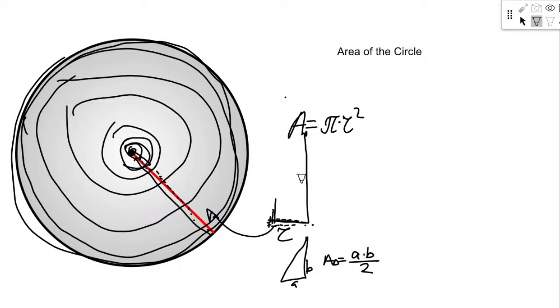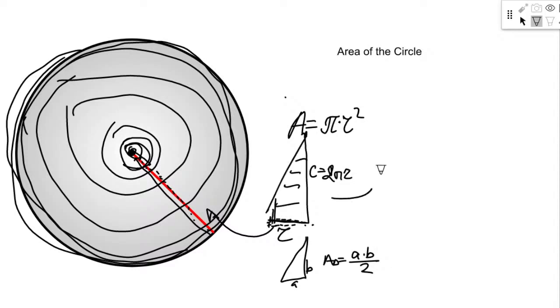And the length of this will be the length of the last circle, and that equals the circumference. We wrote c, or it's our 2 pi r. So how do we find the area? It's equal to 2 pi r multiplied by r divided by 2. We get rid of the 2's and we have pi r squared.